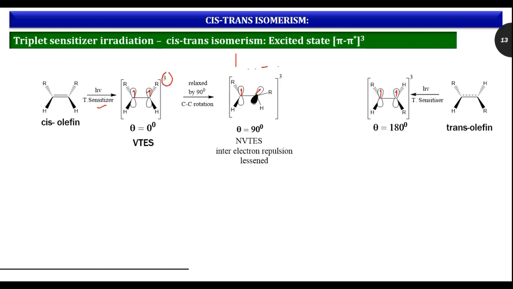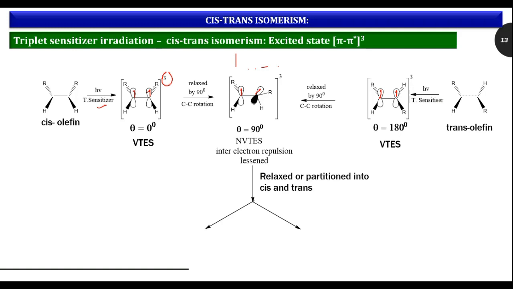This is relaxed by C-C bond rotation, and we get the non-vertical triplet excited state. So now it is relaxed and partitioned. This is called the P state, nothing but the perpendicular state or photostationary state. This P state can go back to its original form.